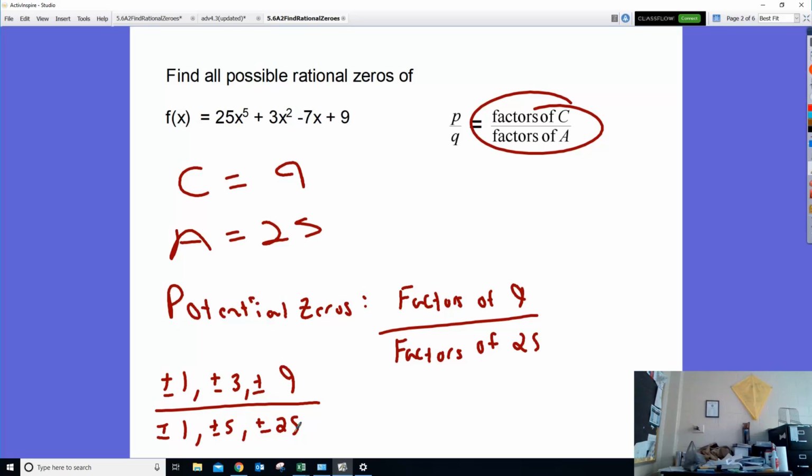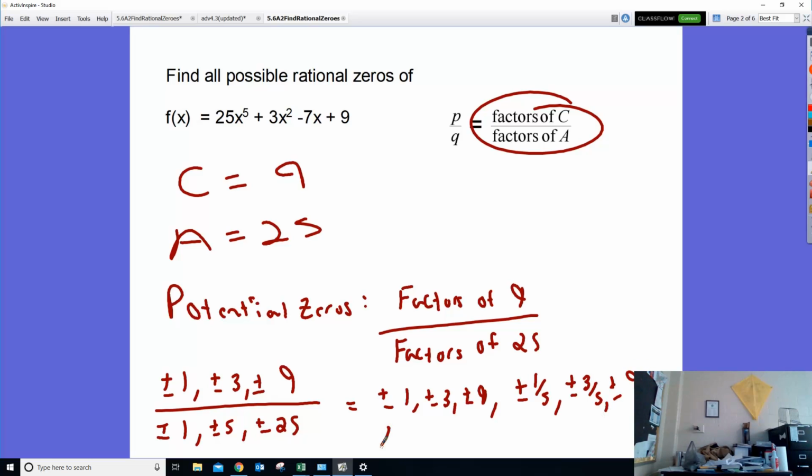First thing I'll do is I'll divide each of the top 3 pieces by 1. Plus or minus 1, plus or minus 3, plus or minus 9. The next thing I'll do is I'll take each of my top pieces and divide them by 5. And I'm not going to go to a calculator and do this, kids. Just write it as a fraction. 1 over 5 is a fifth. 3 over 5 is 3/5. 9 over 5 is 9/5.